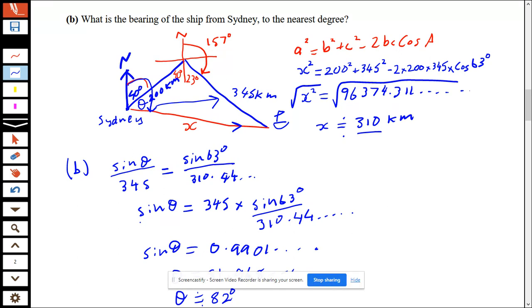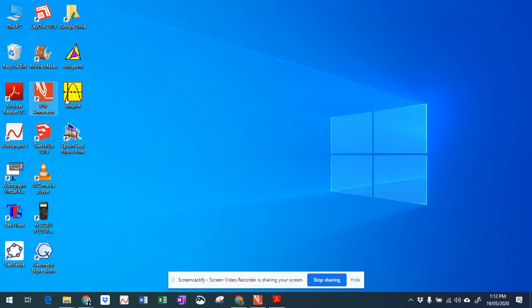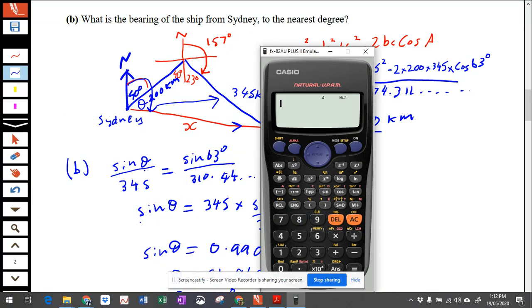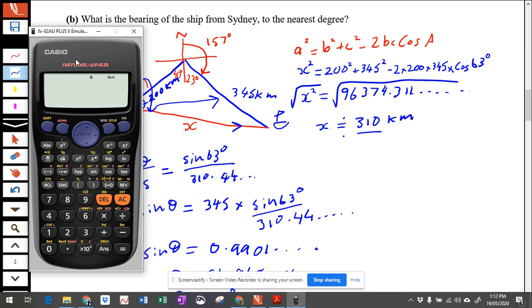Now, I'm thinking that some of you might have trouble with the calculation of this, so I'm just going to show you how to do it on the calculator. First, 200 squared plus 345 squared minus 2 times 200 times 345 times cosine of 63, close bracket. Now I'm going to square root that.